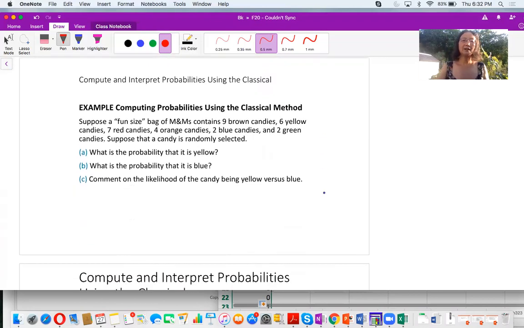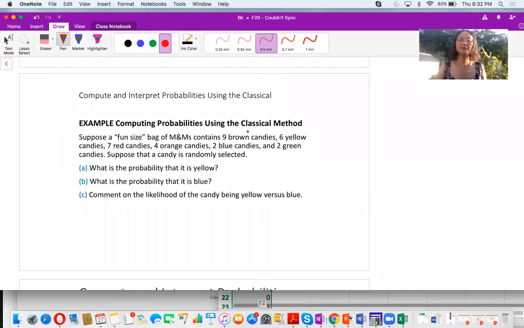Now let's look at an example, using the classical method to calculate probability. Suppose a fun-sized bag of M&M's contains 9 brown candies, 6 yellow candies, 7 red candies, 4 orange candies, 2 blue candies, and 2 green candies.